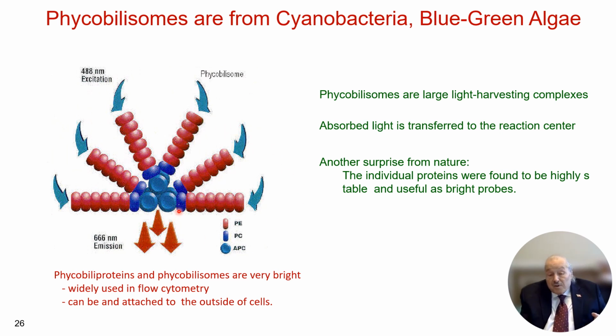These are massive collections of proteins, because even each of these individual proteins are quite large, as we'll see on the next slide. And they collect light and they take it to the central reaction center. What the surprise was is that the phycobili proteins, the isolated proteins from the phycobilisomes, were highly fluorescent and highly stable in solution, much more stable than you would expect.